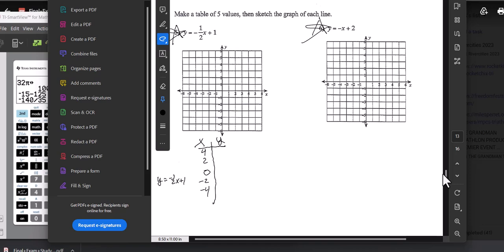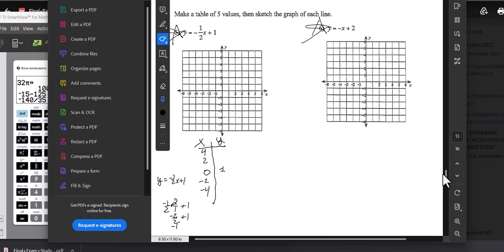So when you plug 0 in, anything times 0 is 0, so this is just 0 plus 1, which is 1. Now when I plug 2 in, I get negative 1/2 times 2 over 1 plus 1. So this is negative 2 over 2 plus 1.